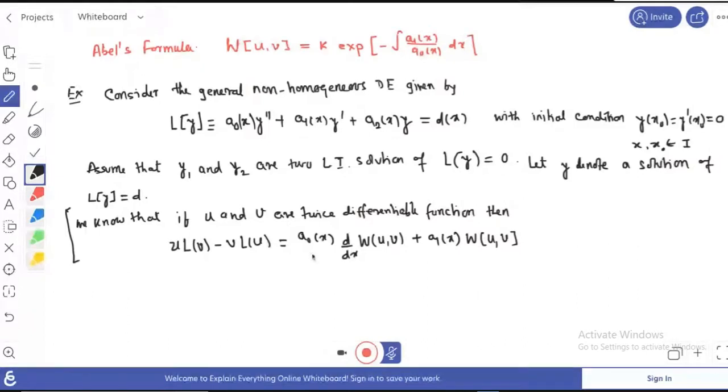You will derive that part accordingly. So if we replace u and v in this equation, suppose this equation is star.